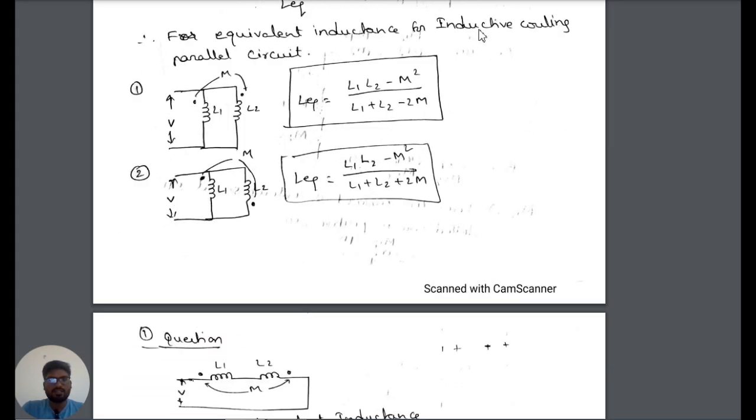So the equivalent inductance for inductive coupling parallel circuit is L1 L2 minus m square by L1 plus L2 minus 2m. If the dotting is at different polarities, at the first coil with the starting entering end, and in the other coil the dot is placed at the leaving end, then the equivalent inductance will be L1 L2 minus m square by L1 plus L2 plus 2m.